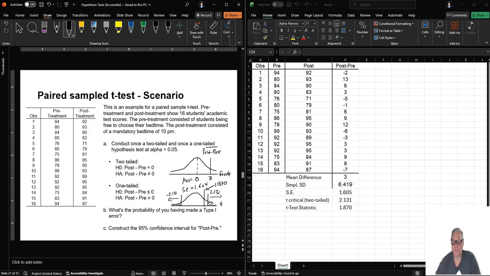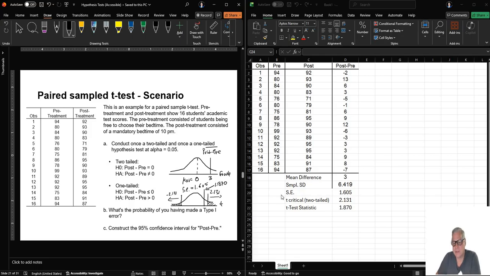But I could have made a mistake. But in this case, I do not reject the null hypothesis, so I also don't have to really worry about having made a type 1 error. But if I rejected it, I could have made a mistake.